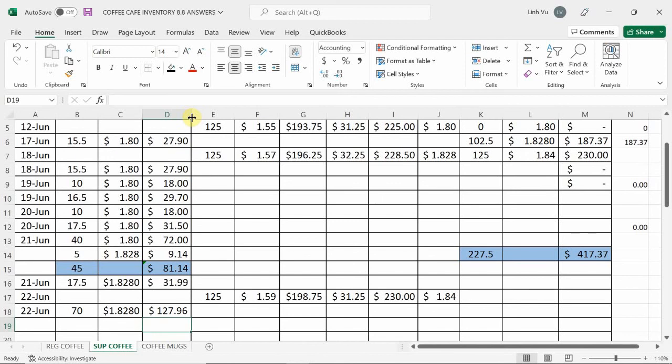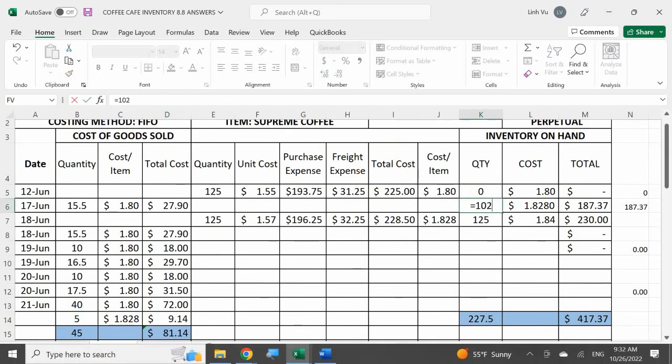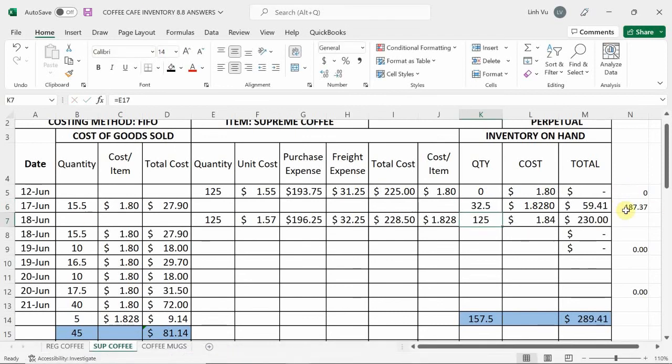127.96. Good. So then we need to update my inventory, right? I don't have 102 pounds and a half anymore because I just sold 70, so I have 32 and a half.